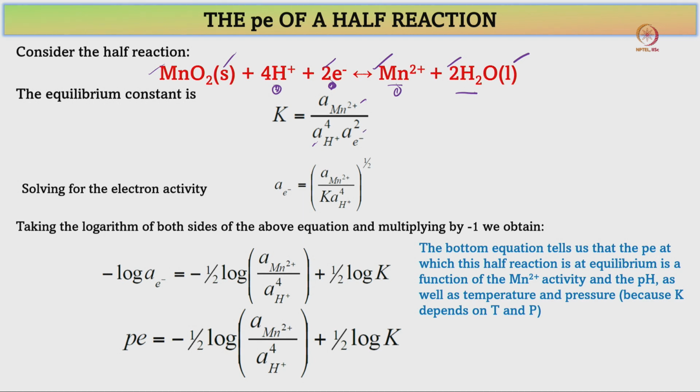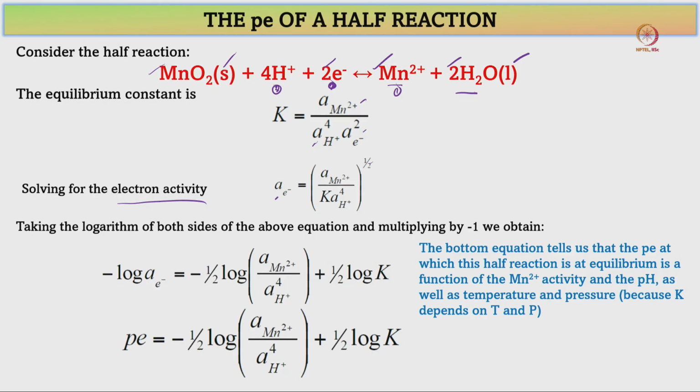Now, mind you, we are going to write the pe, so we need the activity of the electron on our left side. So, I just reshuffle in terms of electron activity, and then it shows that the activity of the electron is equal to A Mn2 plus over K into A H plus to the power 4, and since there was a whole square here, here we have a square root.